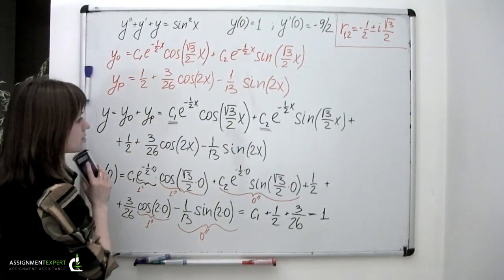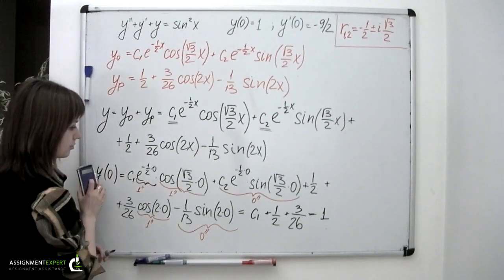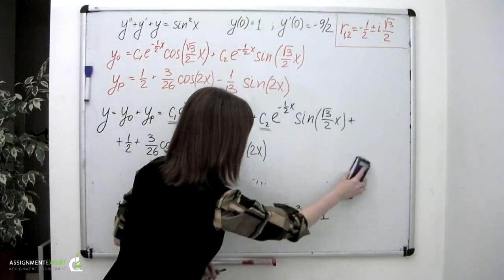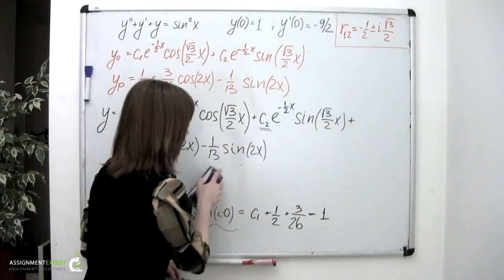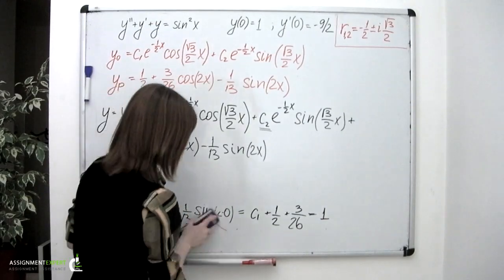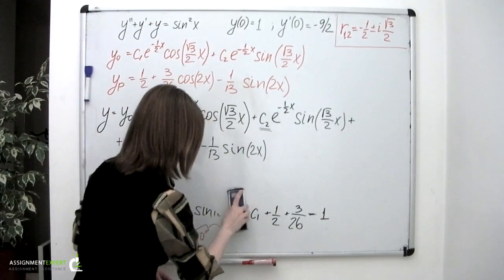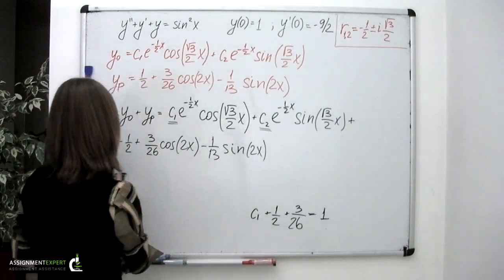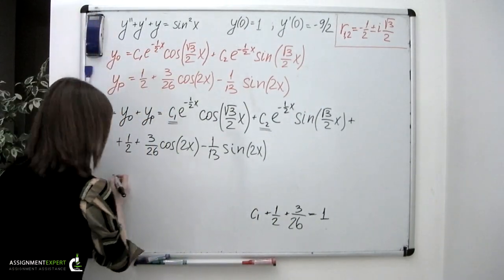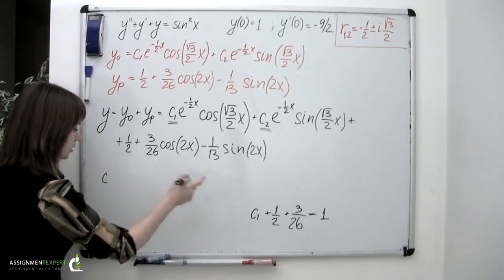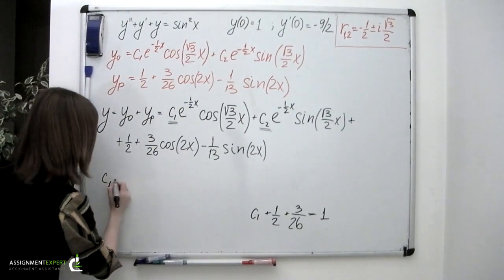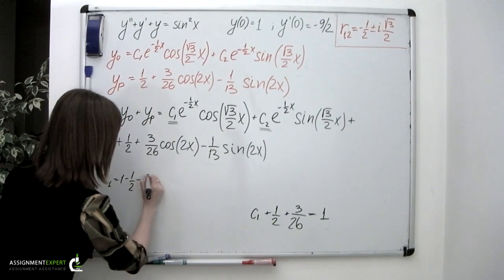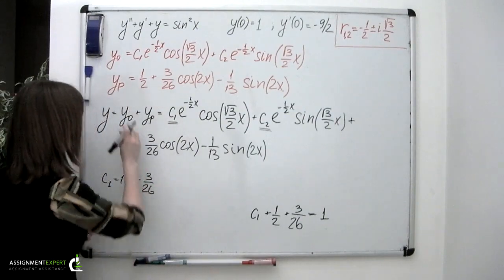So let me just write it someplace more convenient. So out of this equation right there, we have C1 equal to 1 minus 1/2 and minus 3/26.